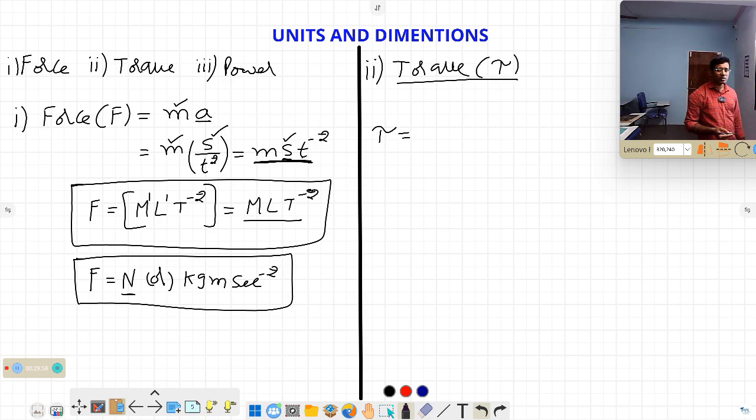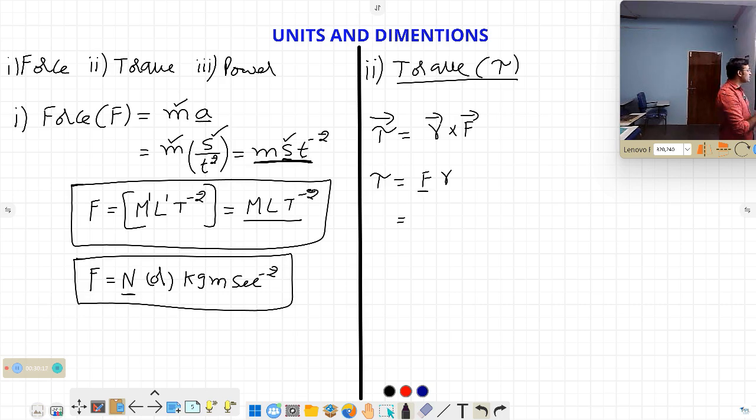So torque is one of the physical quantities, and if you know the formula, you can write its dimension formula. That will come as we go into the topic. So torque is equal to R cross F, according to the exact vector nature. Simply, we can write it as F into R. In this case, what is F? Force.